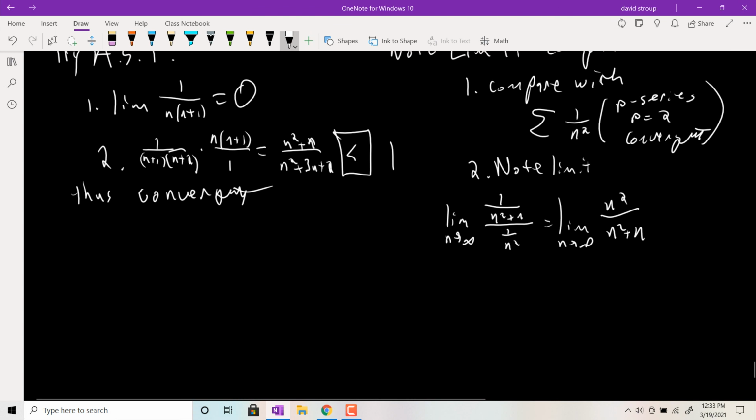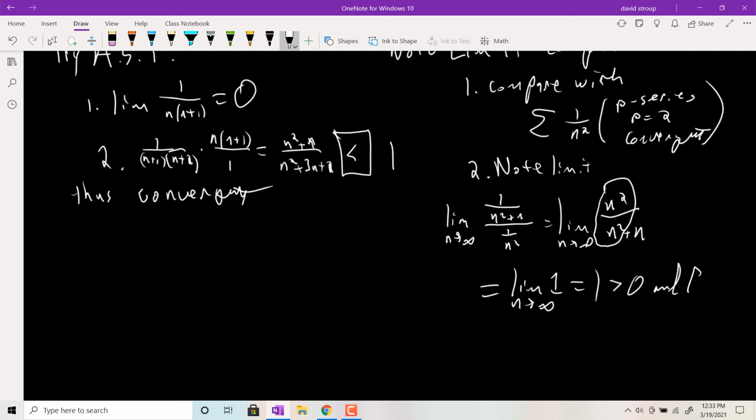Okay, and then limit of n squared over n squared is just the limit of 1, basically at the end of the day, which will equal 1. And the criteria for the limit comparison test has to be greater than 0 and finite. And if that's true, then both series have the same behavior, so the series also converges.